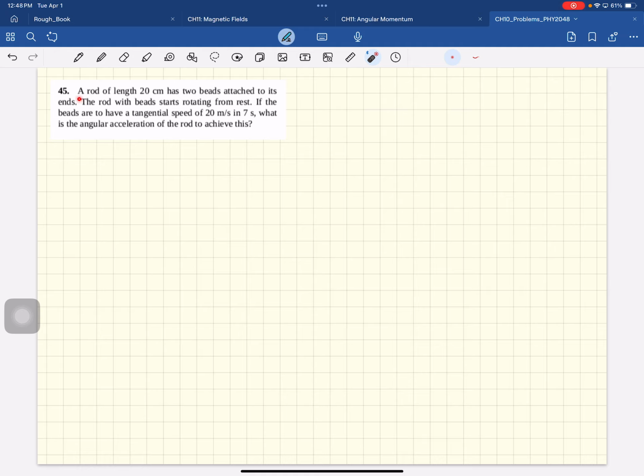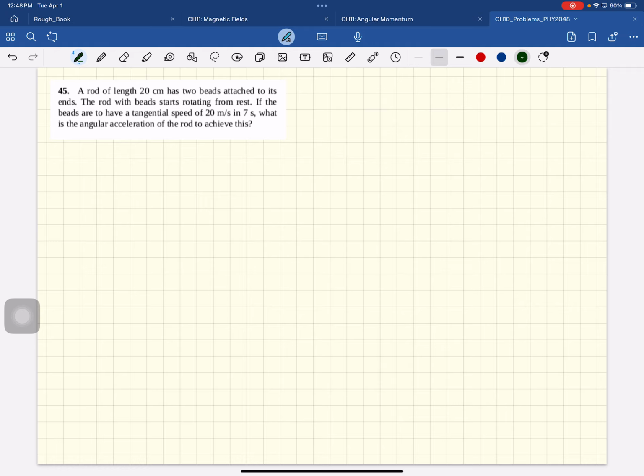Okay, this problem says a rod of length 20 centimeters has two beads attached to its ends. The rod with beads starts rotating from rest. If the beads are to have a tangential speed of 20 meters per second in 7 seconds, what is the angular acceleration of the rod to achieve this?